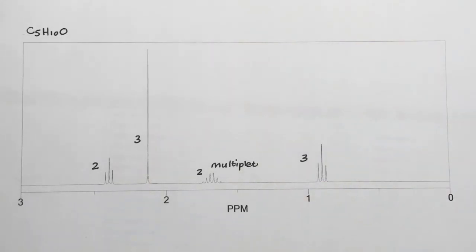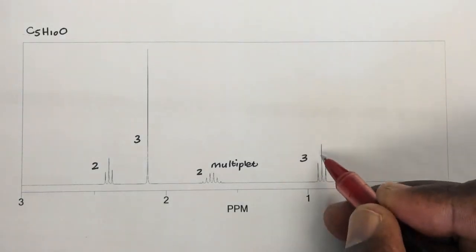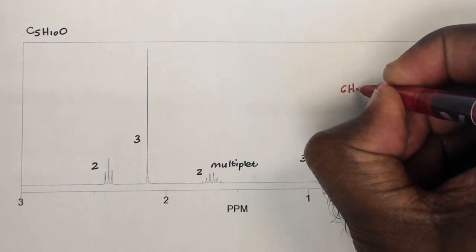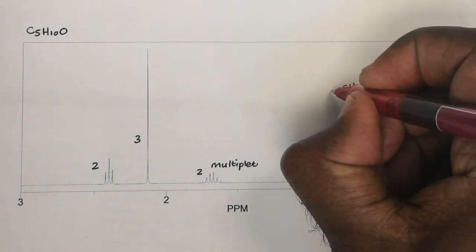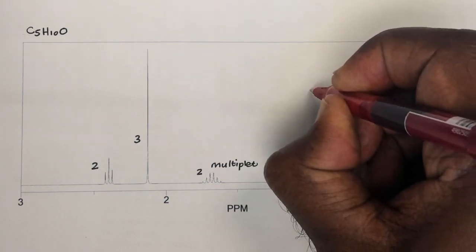I'm going to start analyzing the spectrum, and initially we see a resonance in the methyl region of the spectrum. The fact that it is a triplet indicates that it must be next to a CH2 group.